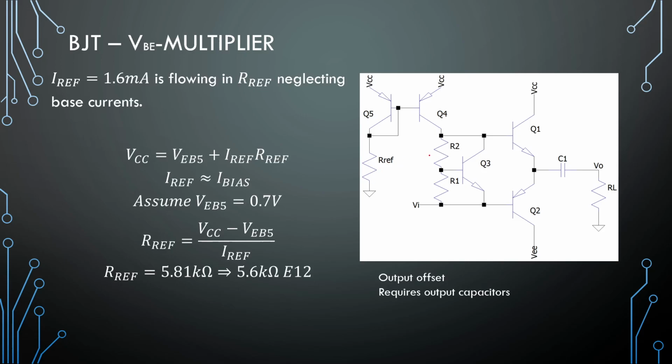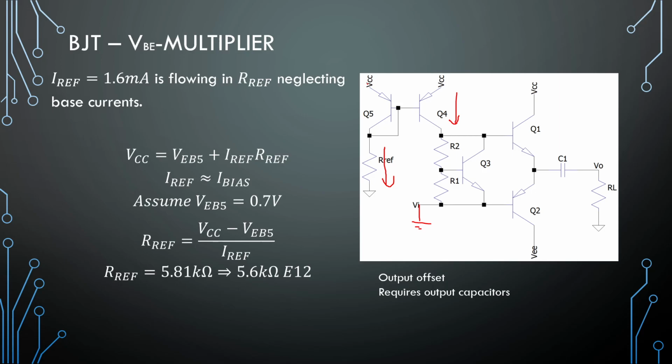The next one would be to use a current source. So again, we will have offsets, we can't reach the rails, and we need a capacitor on the output side. The only thing we need to design here is our current source. So the current flowing here is the same on this side, so 1.6 milliamps.